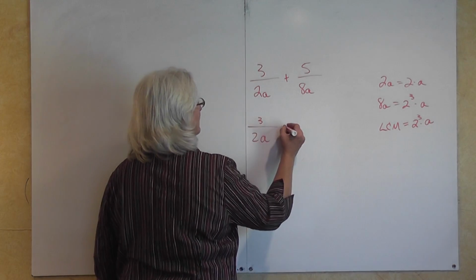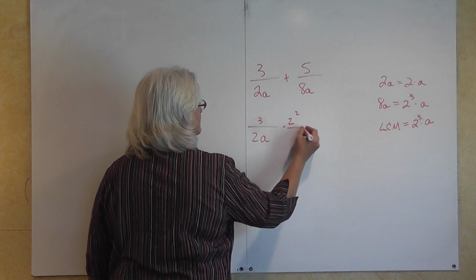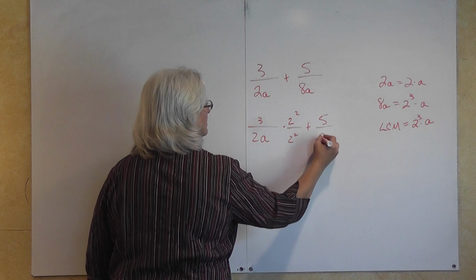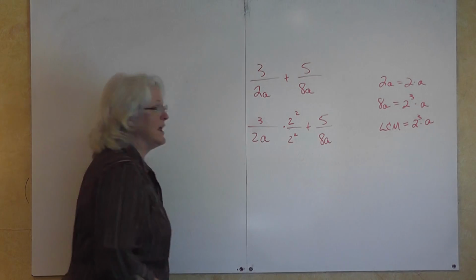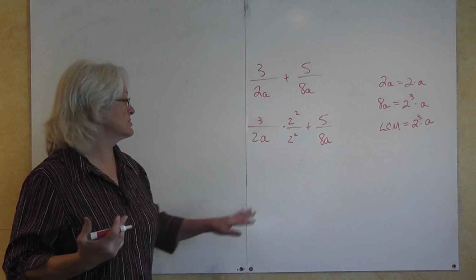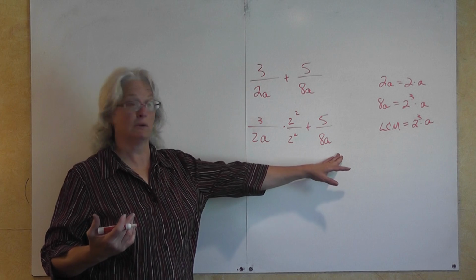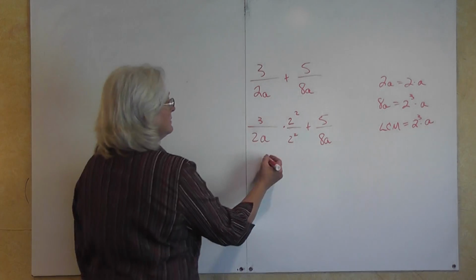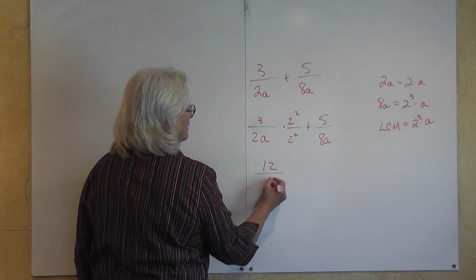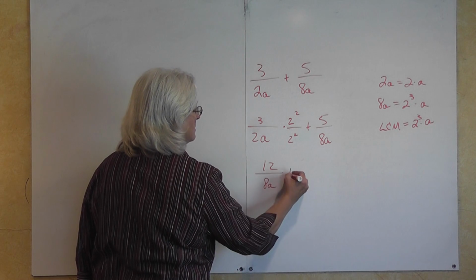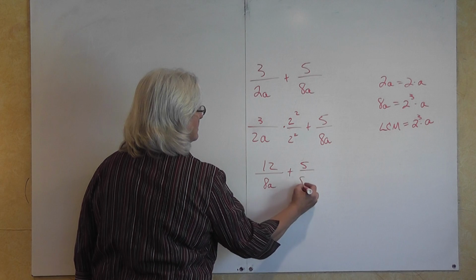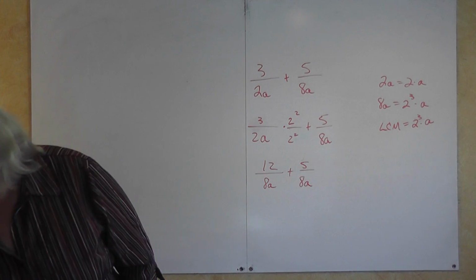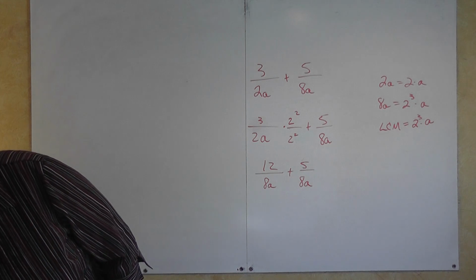So we're going to multiply by 2 squared, which of course is 4, plus 5 over 8a. Don't have to do anything there because our common denominator is 8a. 3 times 4 is 12 over 8a plus 5 over 8a, and that's not seeming right to me. Let me just make sure that it is.